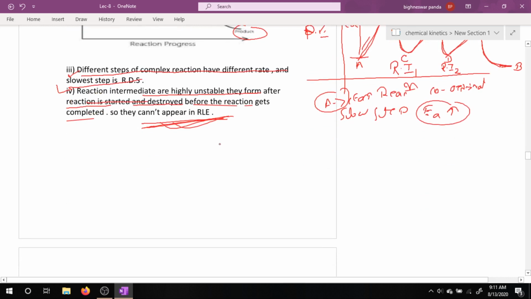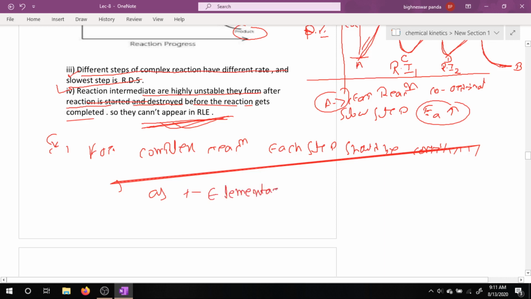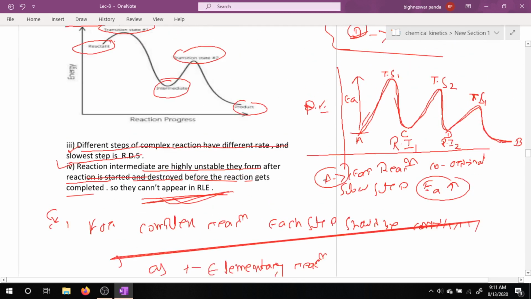Another important point I can write here: for a complex reaction, each step should be considered as an elementary reaction.